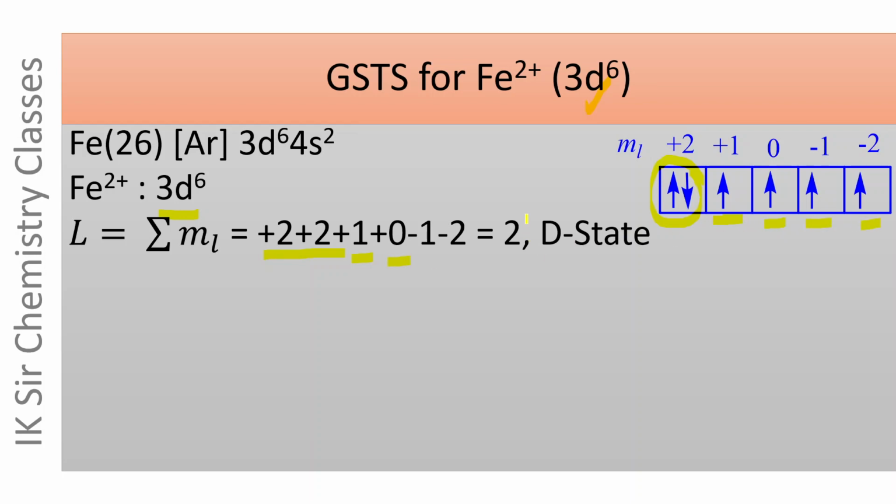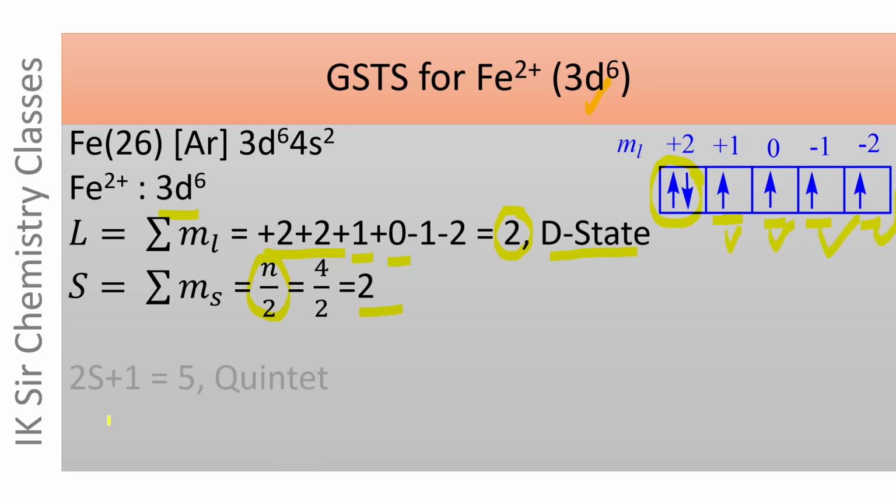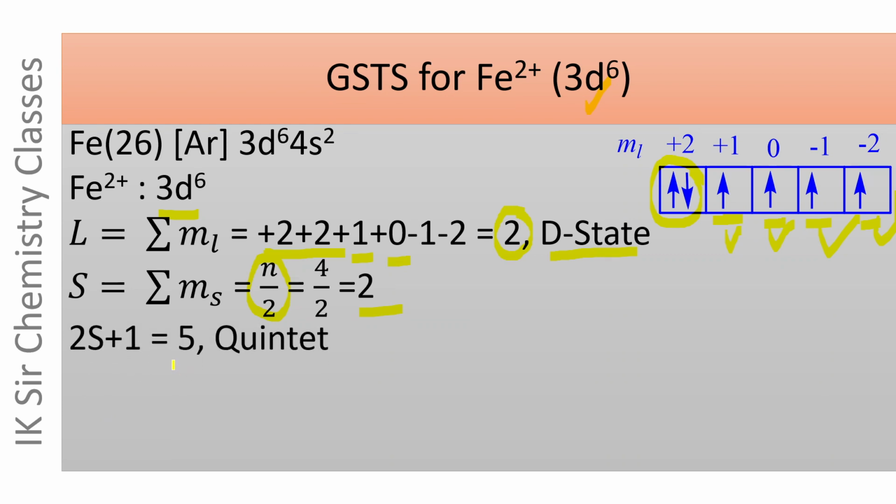On solving it, we get capital L is equal to 2, and it is nothing but D state. Capital S is equal to the number of unpaired electrons divided by 2. There are 4 unpaired electrons, and capital S is equal to 2. 2S+1 will be equal to 5. It is quintet spin state.